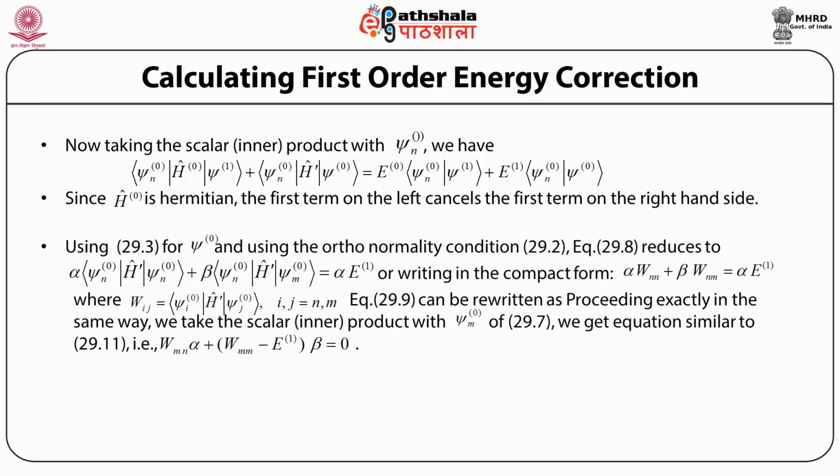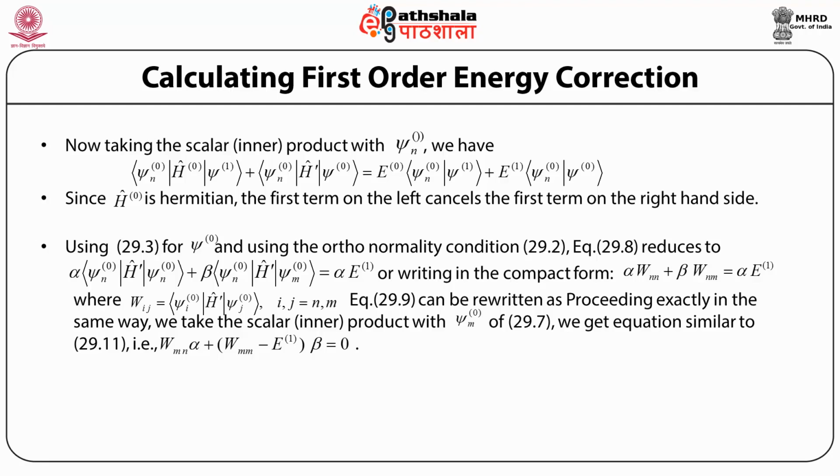Using 29.3 for psi 0 and using the orthonormality condition 29.2, equation 29.8 reduces to alpha into the matrix element of H prime between psi n0 and psi n0 plus beta into the matrix element of H prime between psi n0 and psi m0, which is equal to alpha into E1.